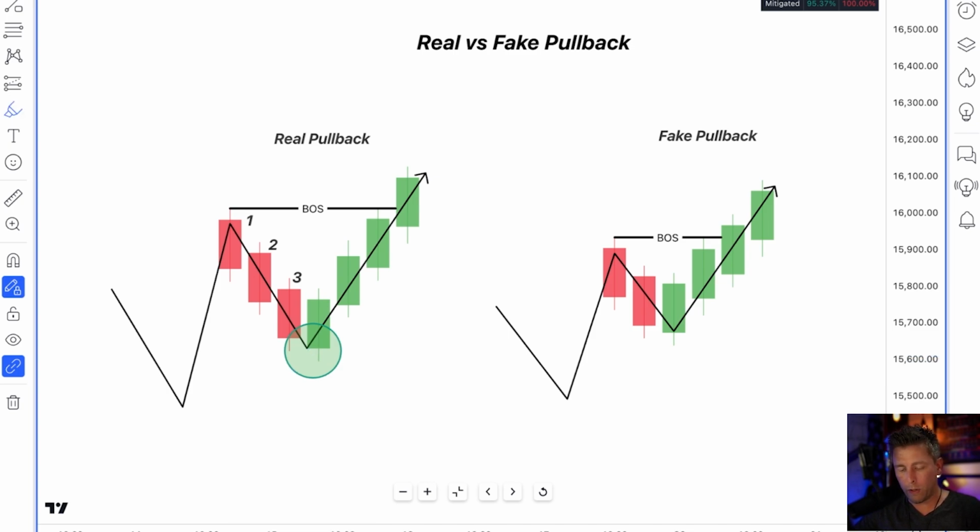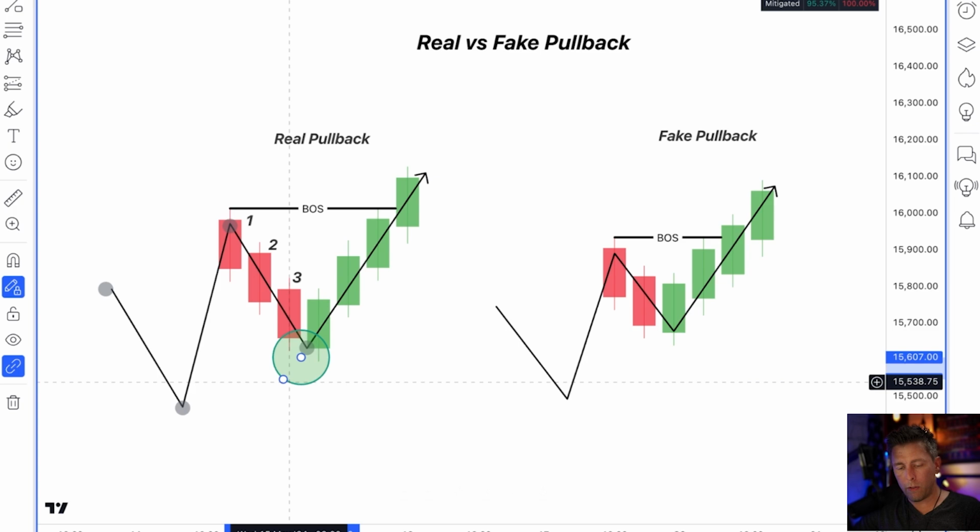We have a high, you have a low, then you have a higher high. When do you mark the higher low? That's the question. You mark it when you see 3 candles, and that's going to be your signal to at least acknowledge that that is a valid pullback.